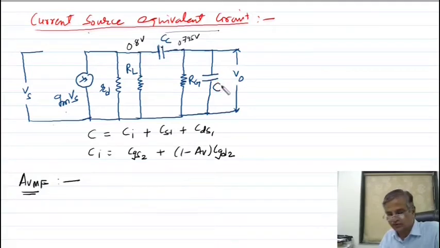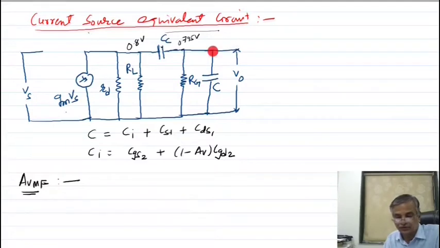Signal cannot pass through this because this is high resistance to this signal. So this signal cannot pass here, but it will develop at the output. So this does not have any effect on VO at mid frequency. So it can be neglected, it can be omitted.